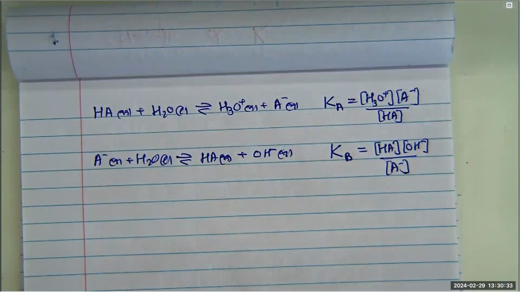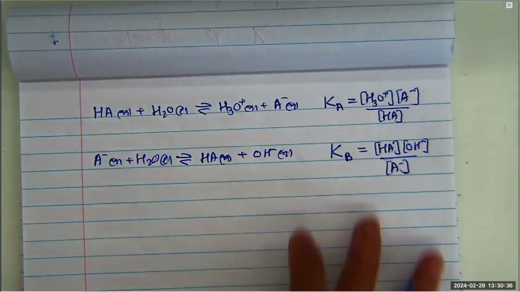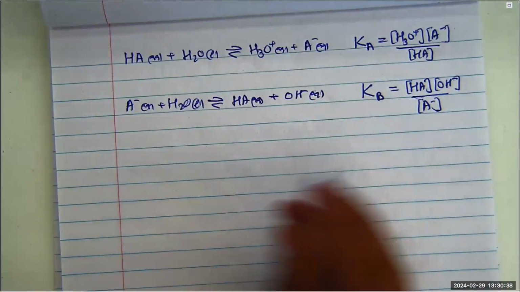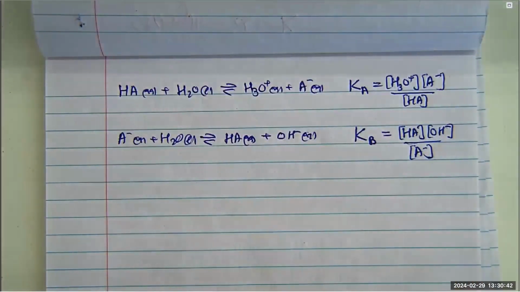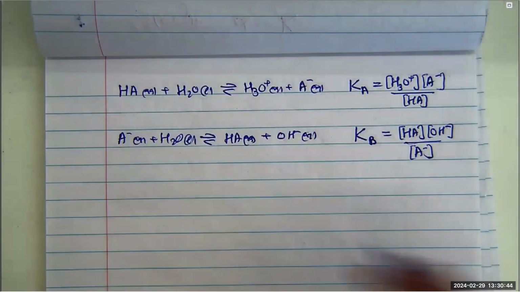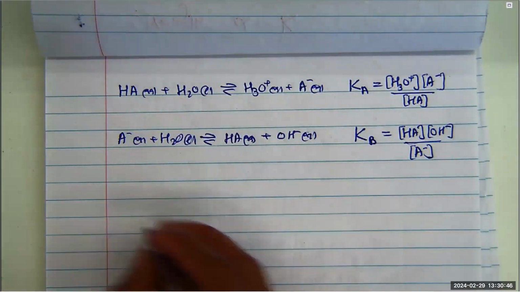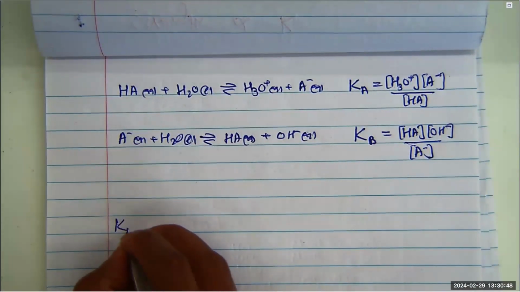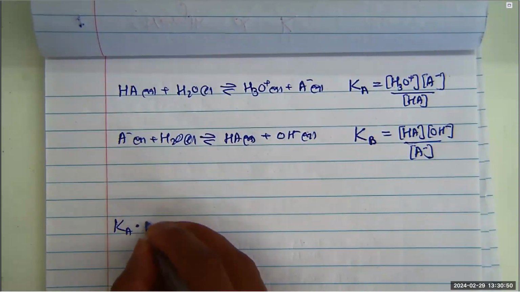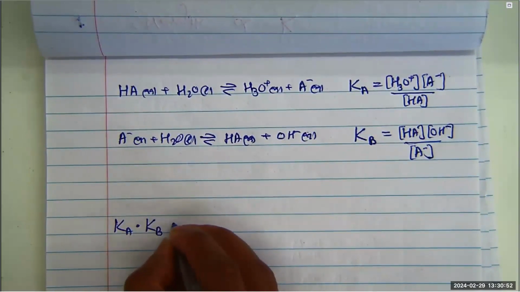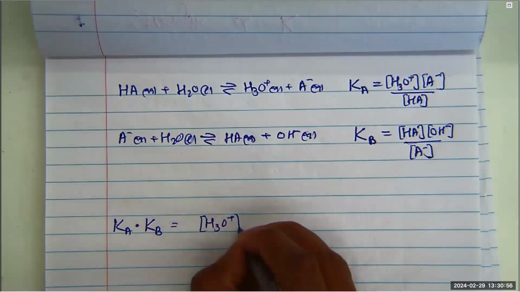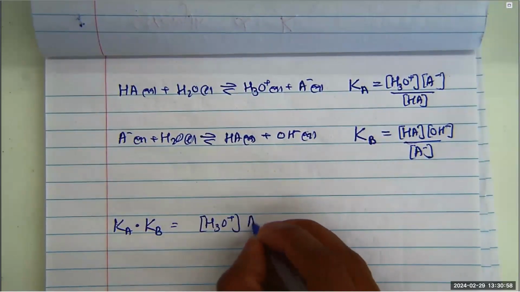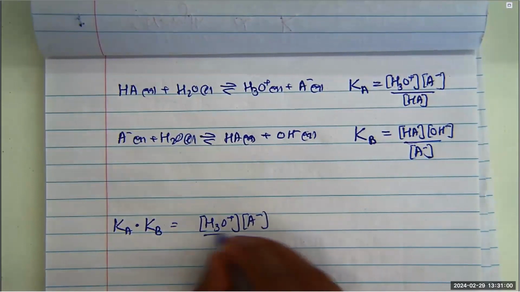Now, here's the thing. What I'm going to do is multiply Ka by Kb for this conjugate pair. So Ka is the H3O+ concentration times the A minus concentration over the HA concentration.